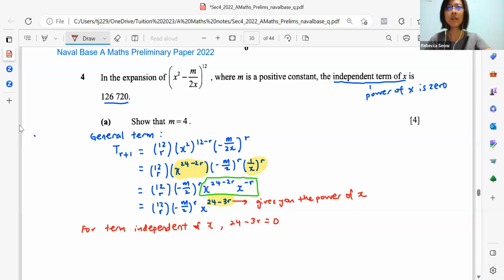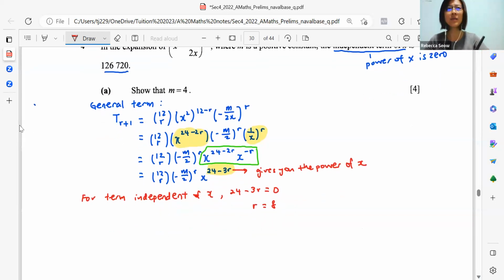And from here, we can work out our value of r to be 8. If the value of r is 8, that means we are considering T r+1, which is T9. T9 would be the term that is independent of x.